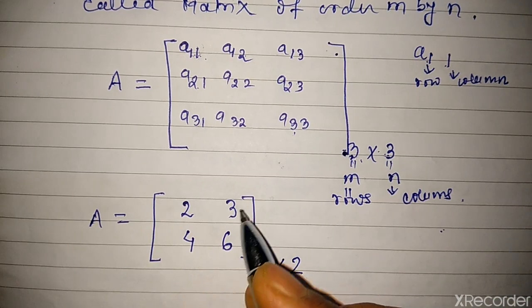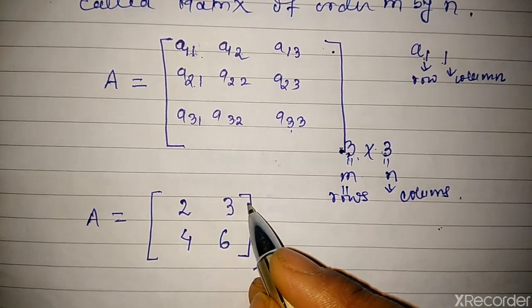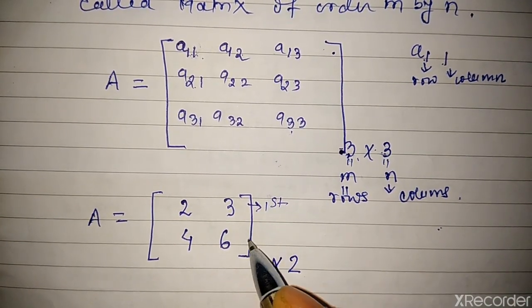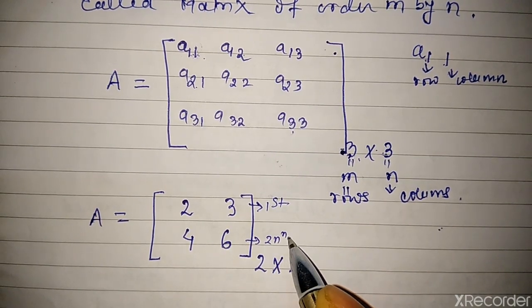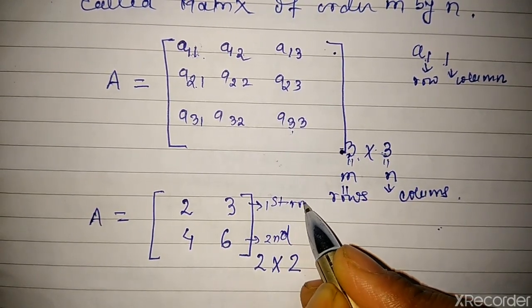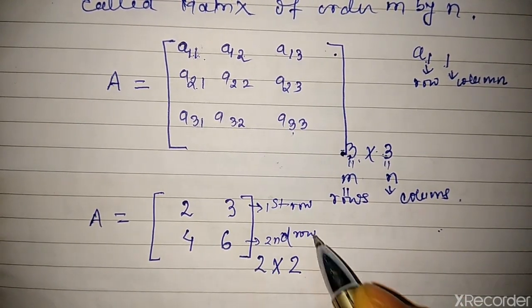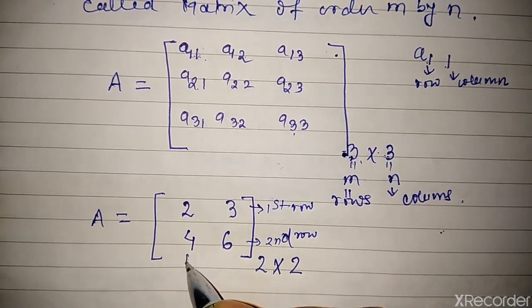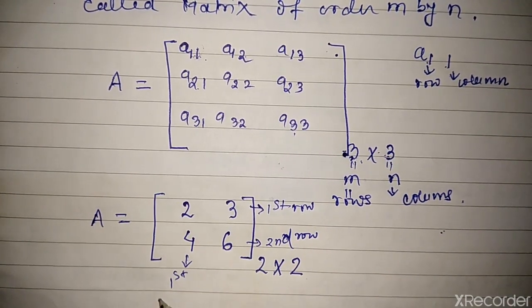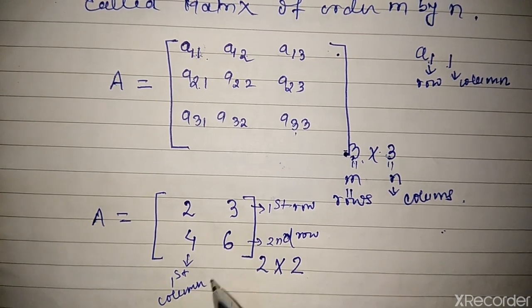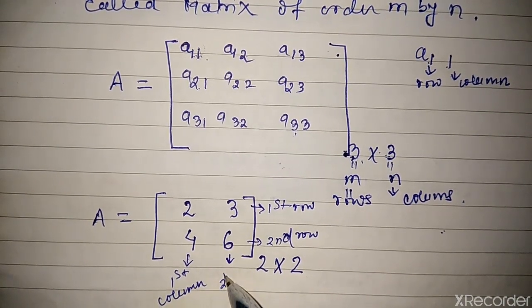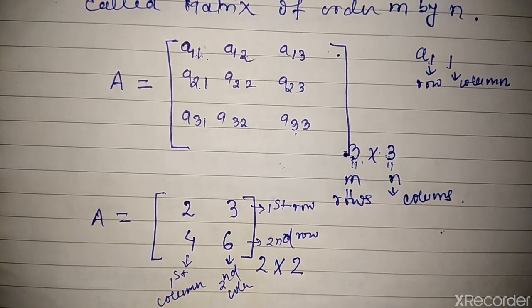Because here this is the first row, this is the second row. Now this one is the first column, and this is your second column.